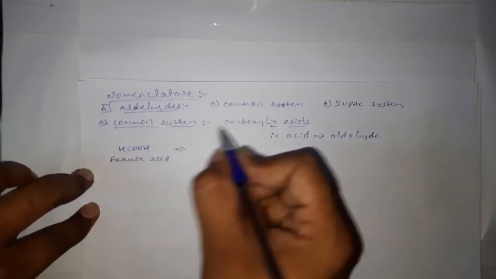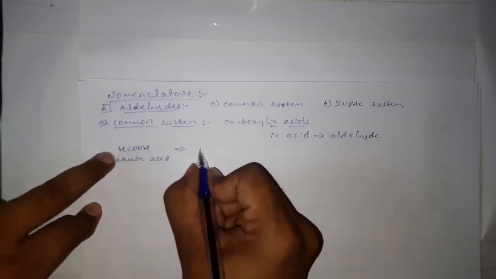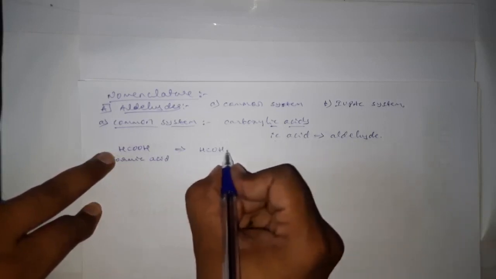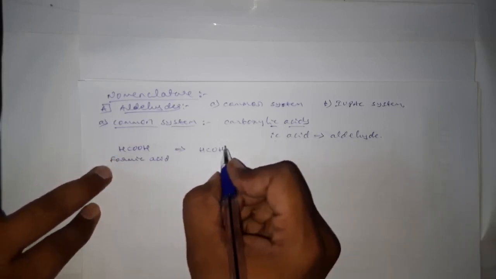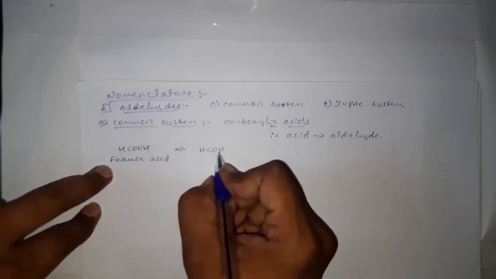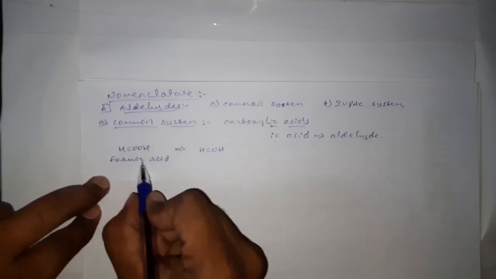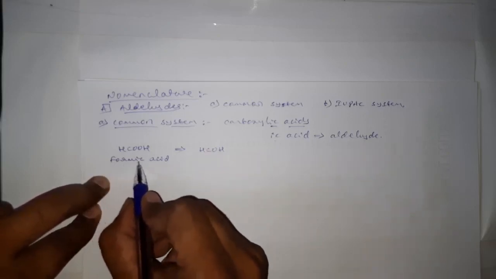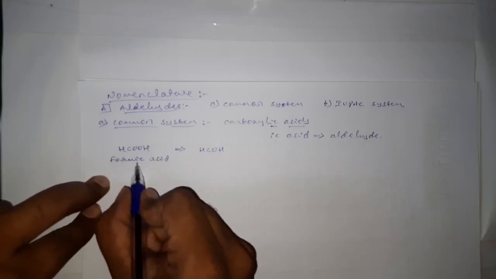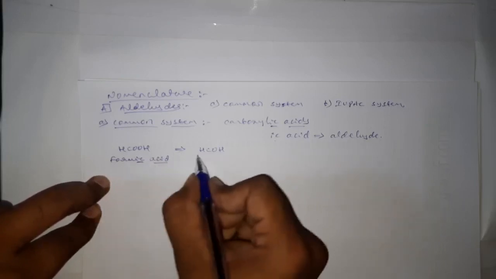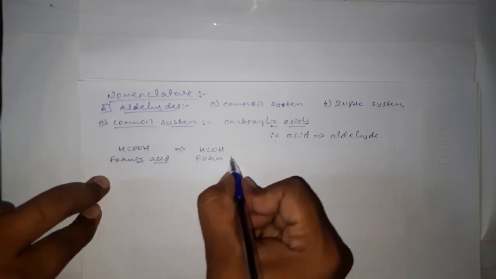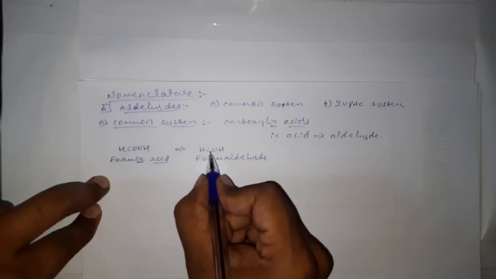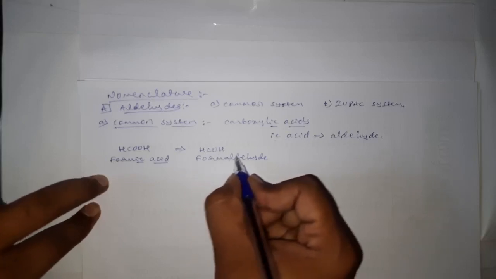If we derive an aldehyde from this one, having the formula HCHO, then we write the common name by taking the name of the carboxylic acid from which it is derived. The name of the carboxylic acid is formic acid, and here we replace -ic acid with aldehyde. Therefore, it becomes formaldehyde. The common name for HCHO is formaldehyde.